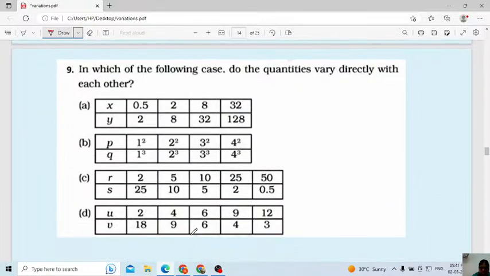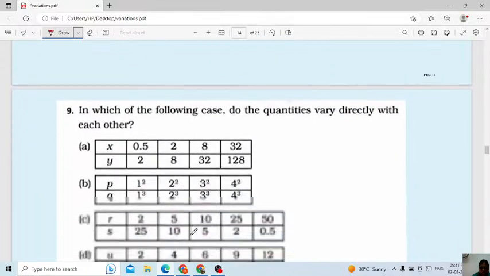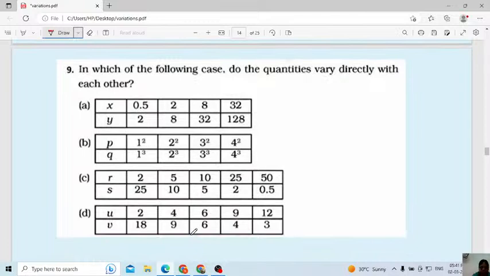Very easy question. In which of the following cases do the quantities vary directly with each other? All the quantities have to follow the direct rule. What is meant by that? The ratio will be constant.